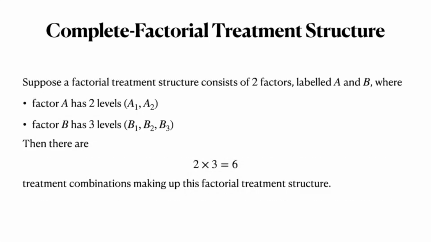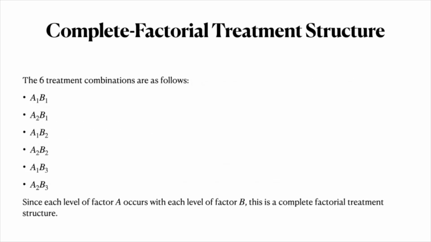So as an example, suppose that a factorial treatment structure consists of two factors, which we'll label A and B. Let's further suppose that factor A consists of two levels, which we'll denote by A1 and A2. Factor B has three levels, which we'll denote by B1, B2, and B3. So in this context, there are 2 times 3, or 6, treatment combinations making up this complete factorial treatment structure.